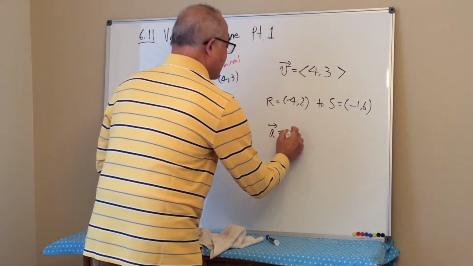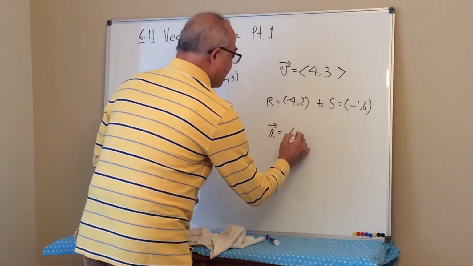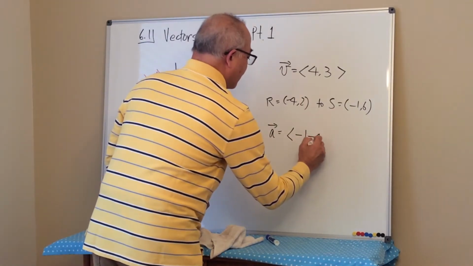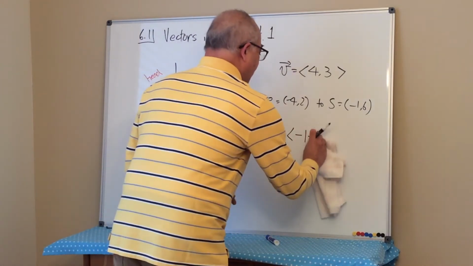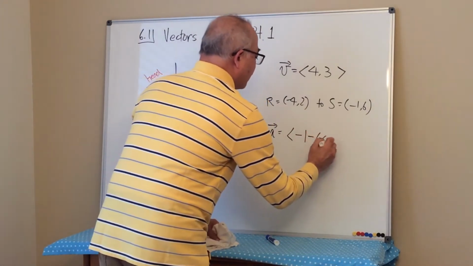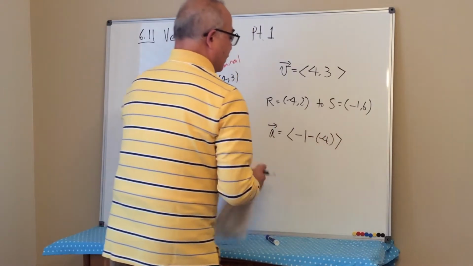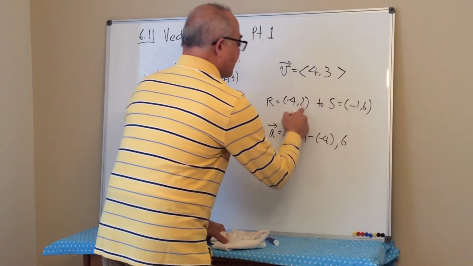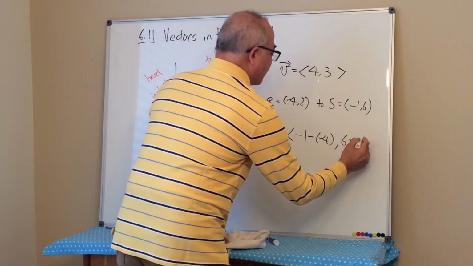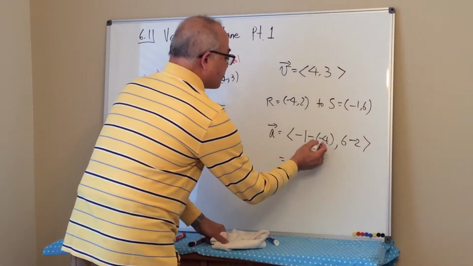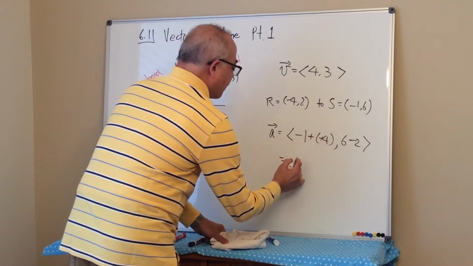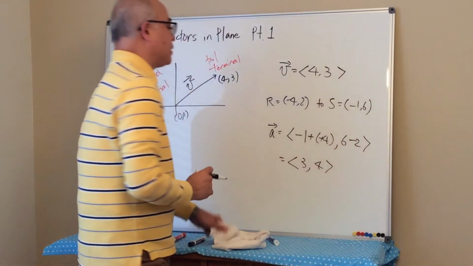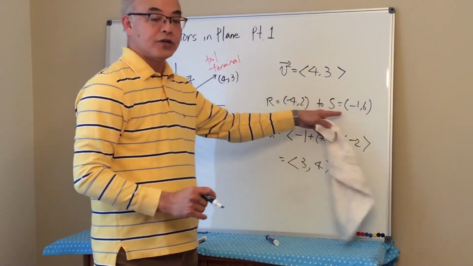Vector a would be -1, the head, and then we subtract out the tail, so we subtract out the -4. Well, that's the x component. And for the y component, we go from 6 and subtract out the 2. So the negatives cancel out, we get 3, and we get 4 right here. So that would be the vector from r to s.